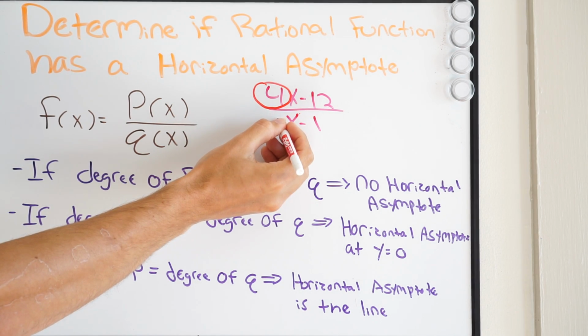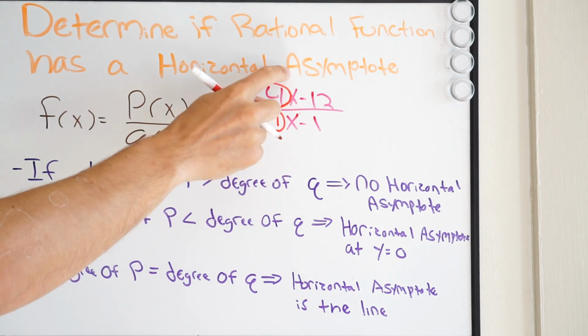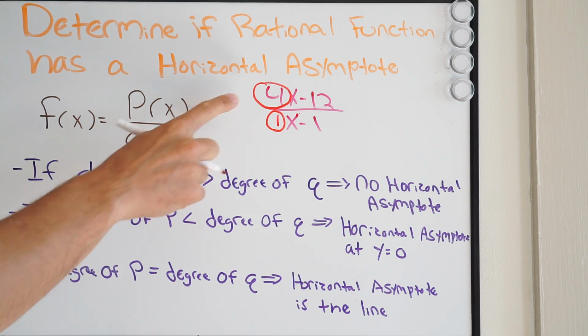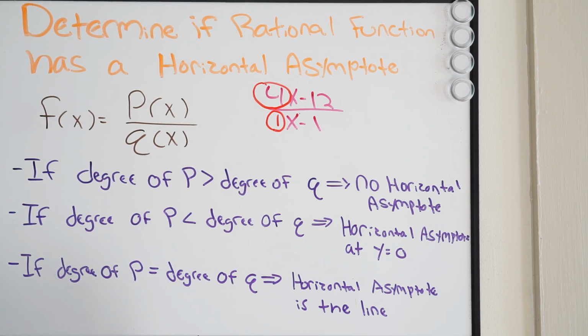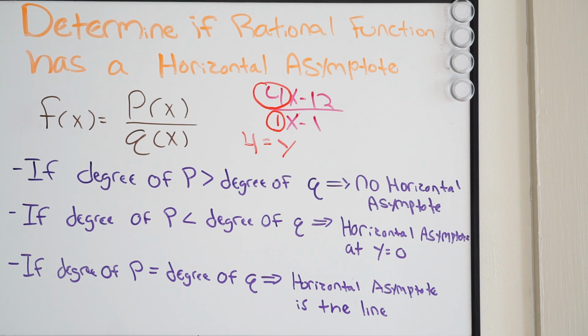It's not written, but we know it's there. And they both have the same degree. We said that if they have the same degree, horizontal asymptote is the line. So all that means here is you just do 4 divided by 1, which is 4. That tells me my horizontal asymptote is at y equals 4. So at y equals 4, we'll have that horizontal dashed line.